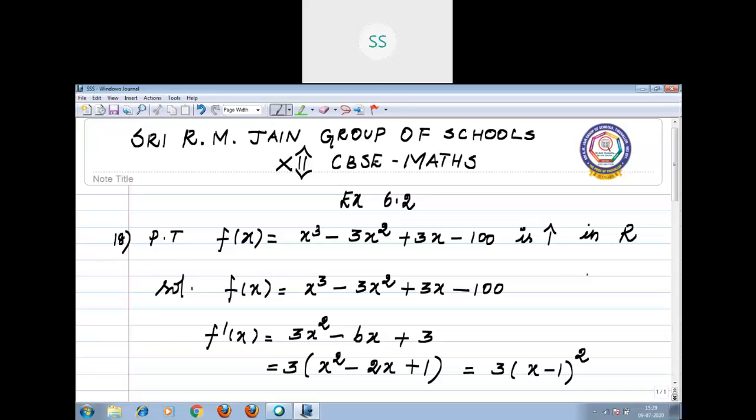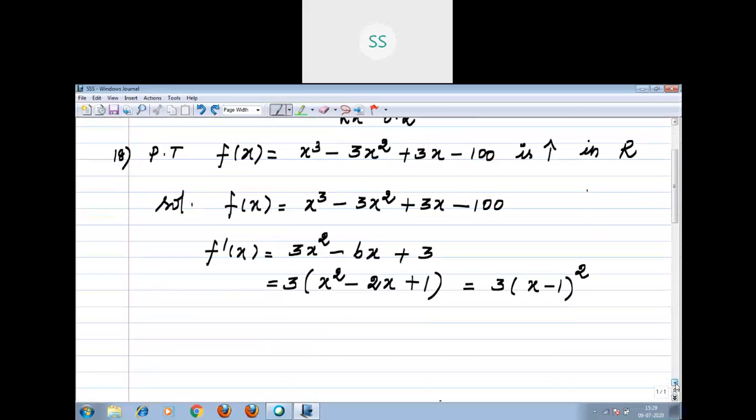When you substitute x is equal to 1, your derivative becomes equal to 0, so the derivative is greater than or equal to 0. That's why you are going to say the function is increasing. I gave an explanation, right? I hope you people understood. I will tell you again.